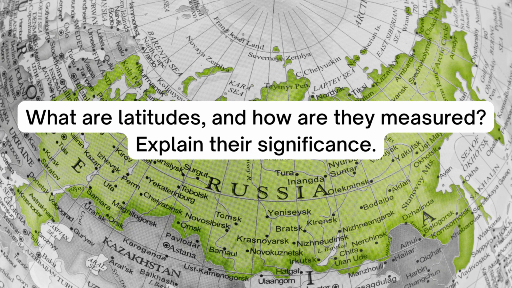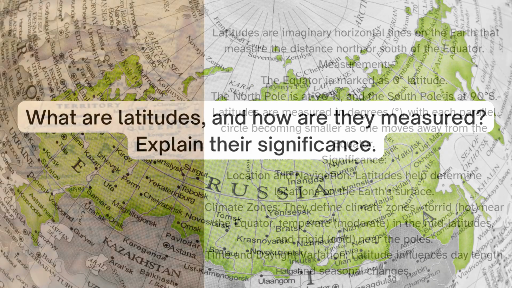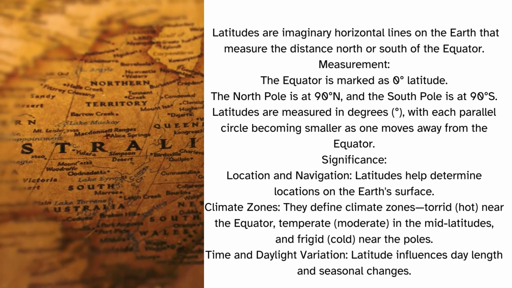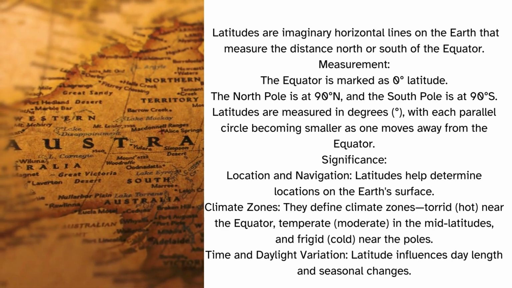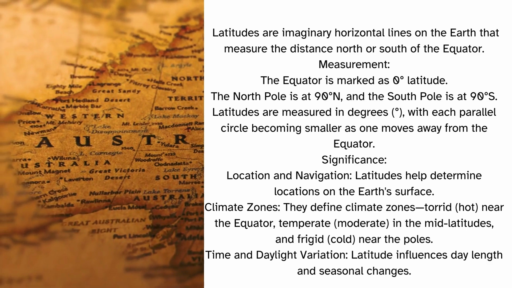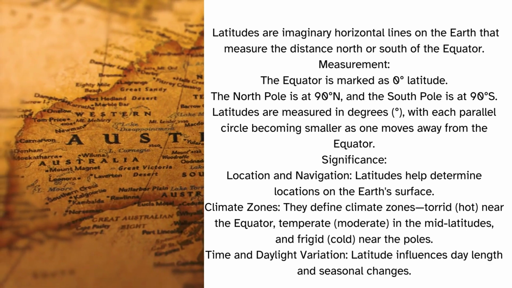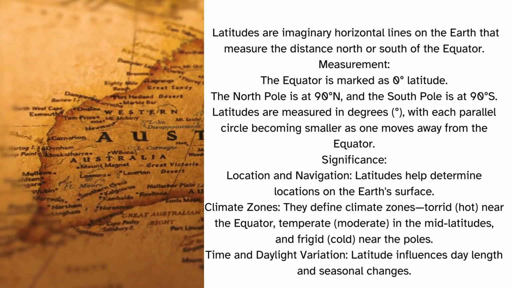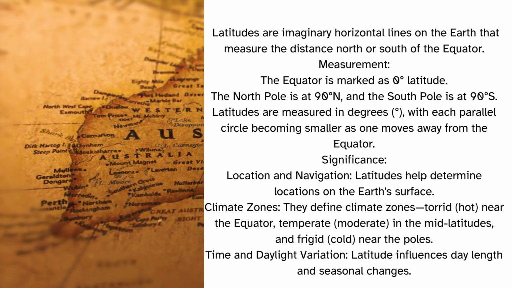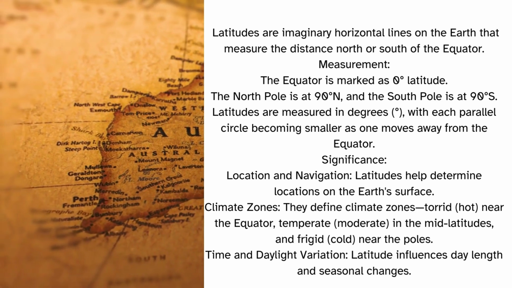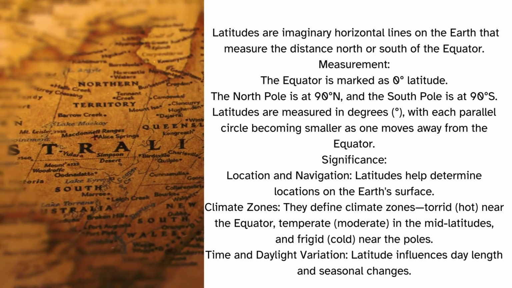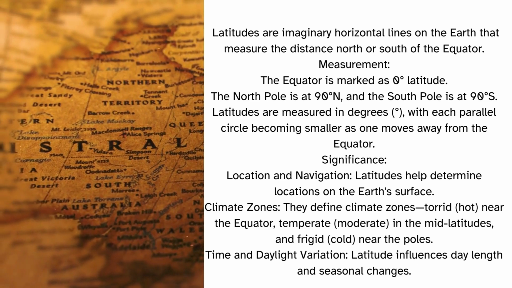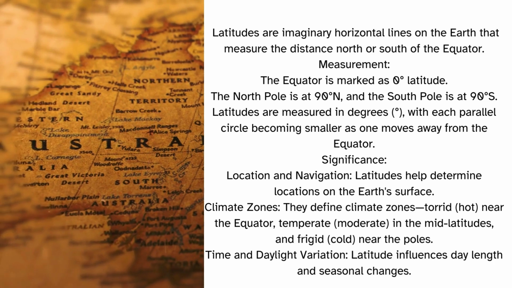Next, we'll talk about latitude and how it is measured, and we are going to explain its significance also. If you have observed a globe, you must have seen latitudes. Latitude is an imaginary horizontal line on the earth that measures the distance north or south of the equator. The equator is marked as 0 degree latitude, the north pole is 90 degrees north and the south pole is 90 degrees south.